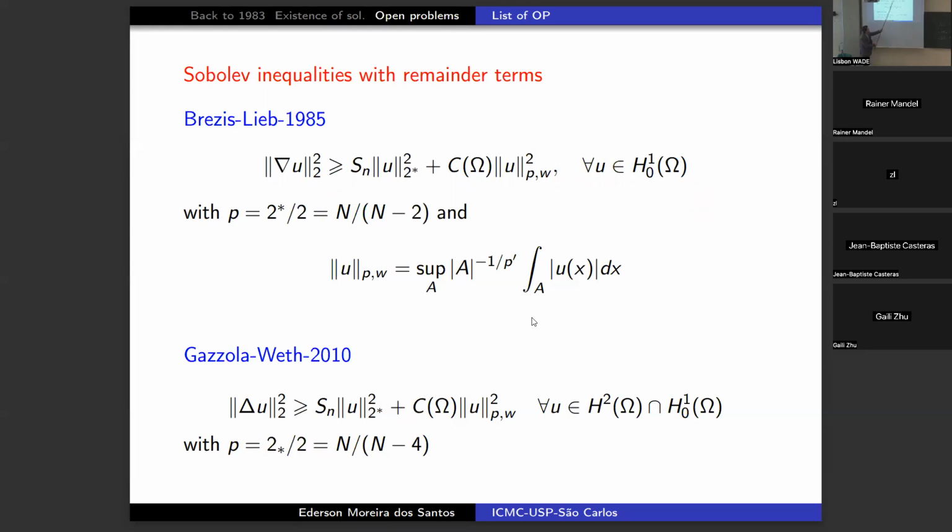But Brezis and Nirenberg showed that we can add a little bit more. This is the weak L^p space, with p being half of the critical power. So they proved this inequality.